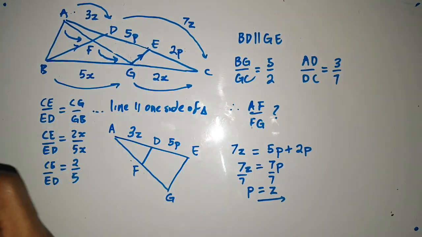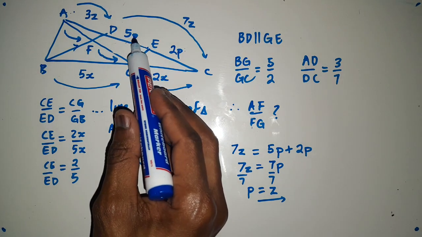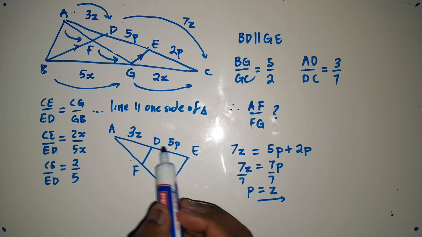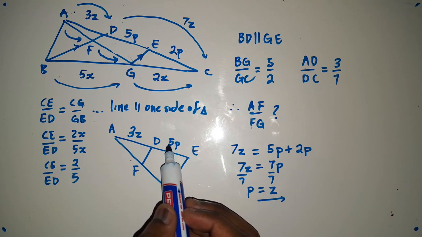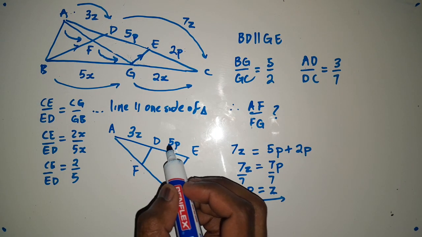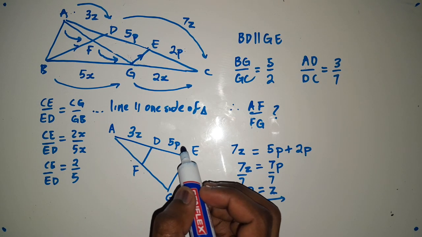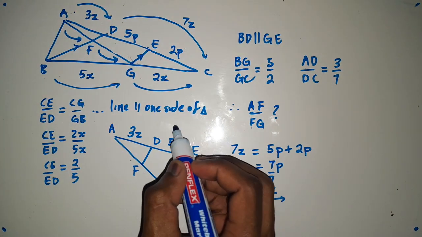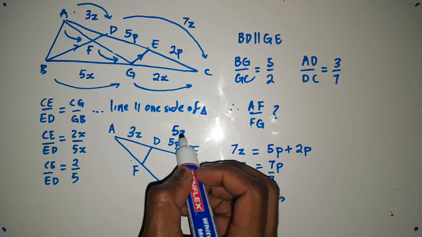Now we know p is equal to z. Where we see p, we can replace it with z. That means this side now is going to be 2z. Do you understand? Then this side is 5z.